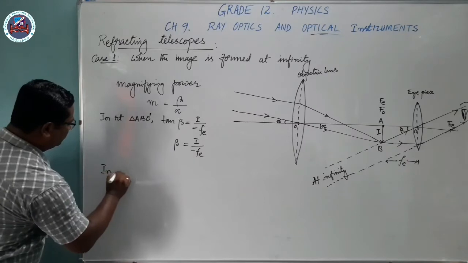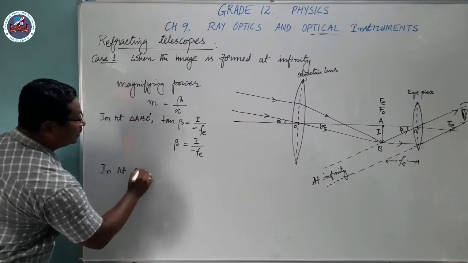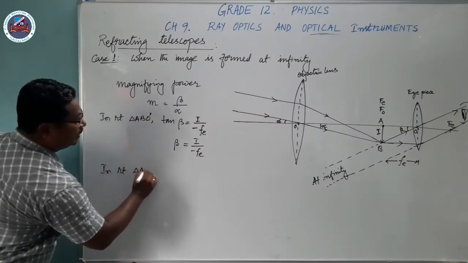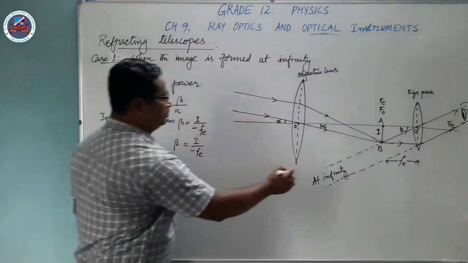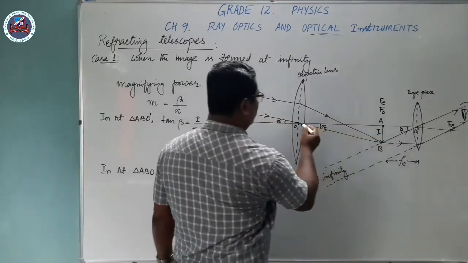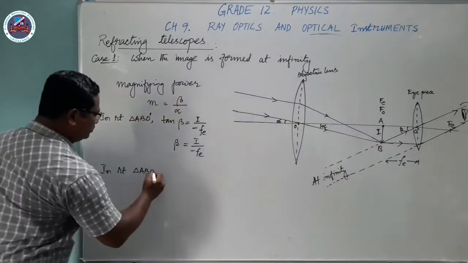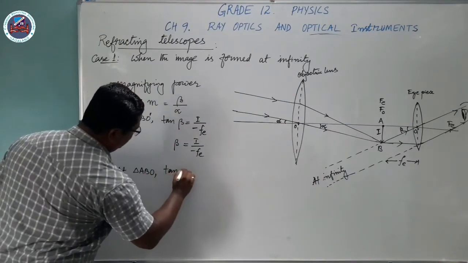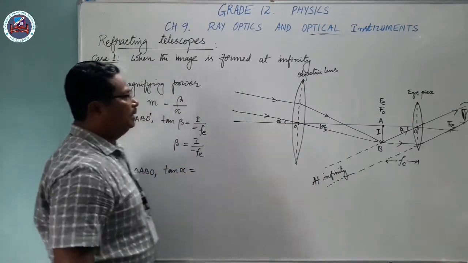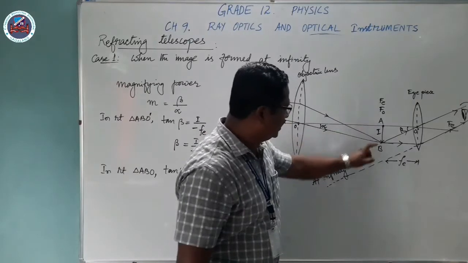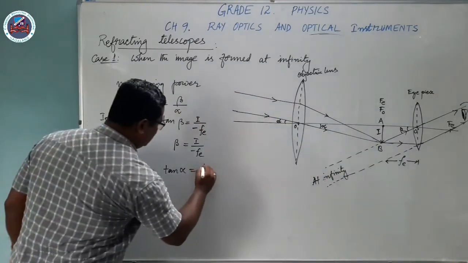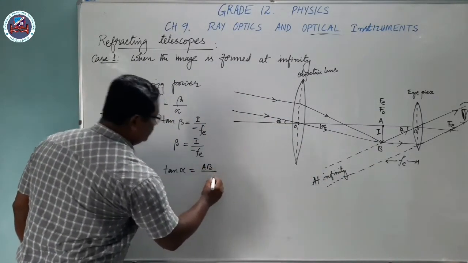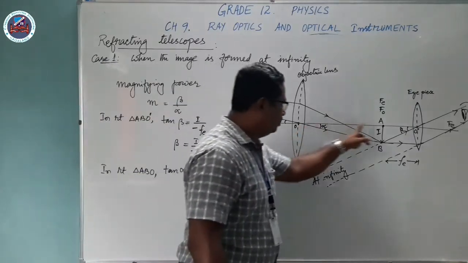Likewise, in right triangle ABO, we can find tan alpha, and tan alpha will give us alpha. Tan alpha will be perpendicular, that is AB, divided by base, that is OA.